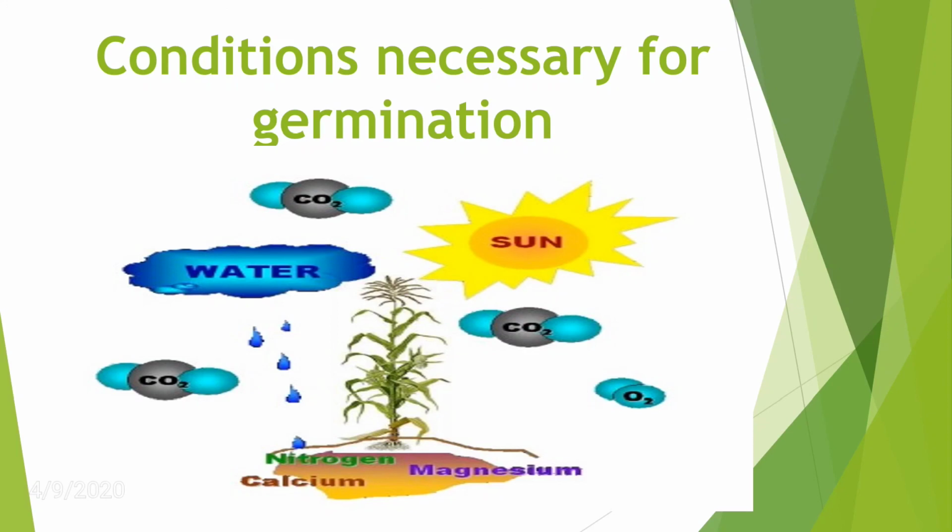It also helps break down the food stored in the seed into simpler substances so that the nutrients can be absorbed easily. A seed needs soil not only to support the plant to grow but also to get essential nutrients. A seed needs enough warmth. It will not germinate in very high or very low temperature.